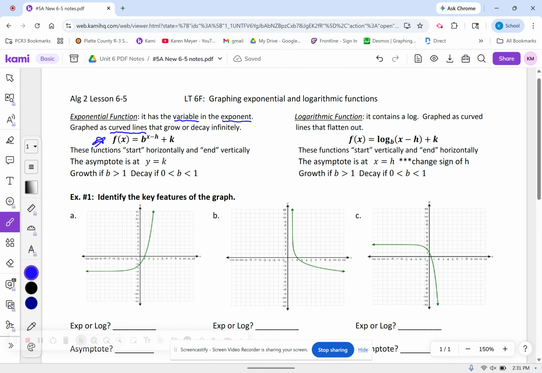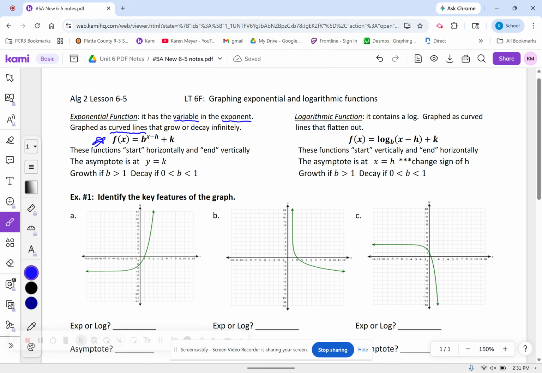f of x, or the letter y, equals b, which would be your base, raised to the variable x. It could be minus h, plus h. And then you could have plus k, minus k.